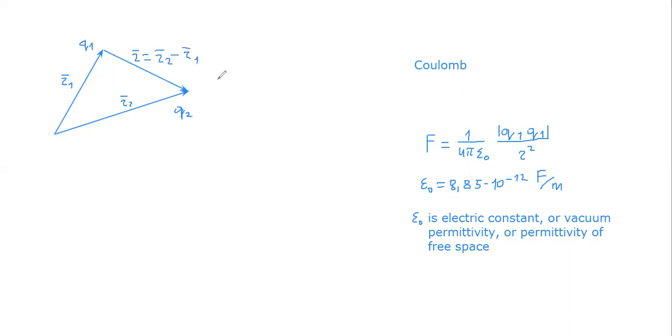And of course, the force that acts on charge q2 can be drawn like this. This is the force that acts on charge q2. And how to find this force? It can be found by formula.